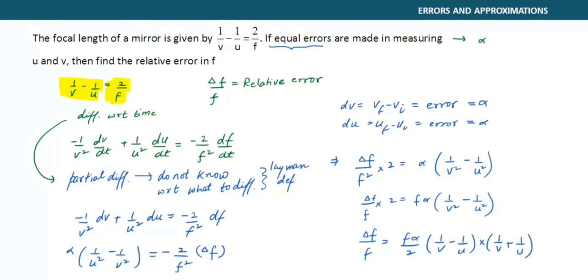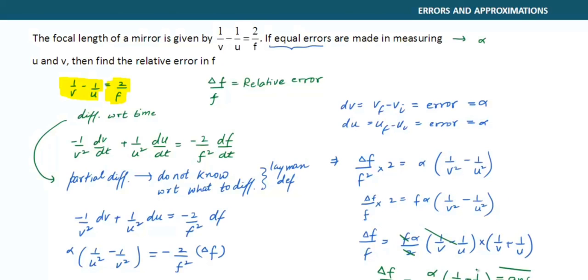So it will actually get cancelled with this f by 2. This value is nothing but 2 by f, so this gets cancelled out. So what is the answer that you get? That is delta f by f is nothing but 1 by u plus 1 by v times alpha. So this is the answer we are looking for.